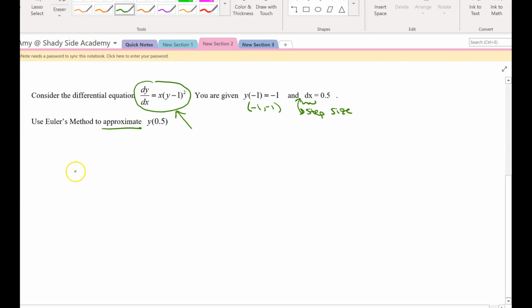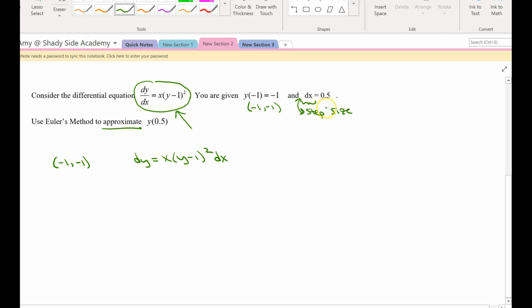So the way I like to use Euler's method, I first like to set it up. I kind of start with the point, and then I go over here and write this differential equation where it's solved for y, okay? So I start here. So I know that dx, okay?